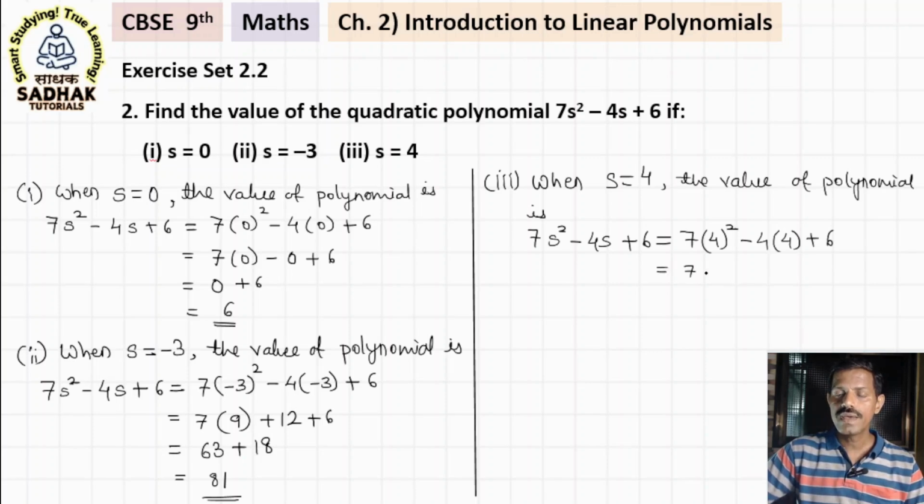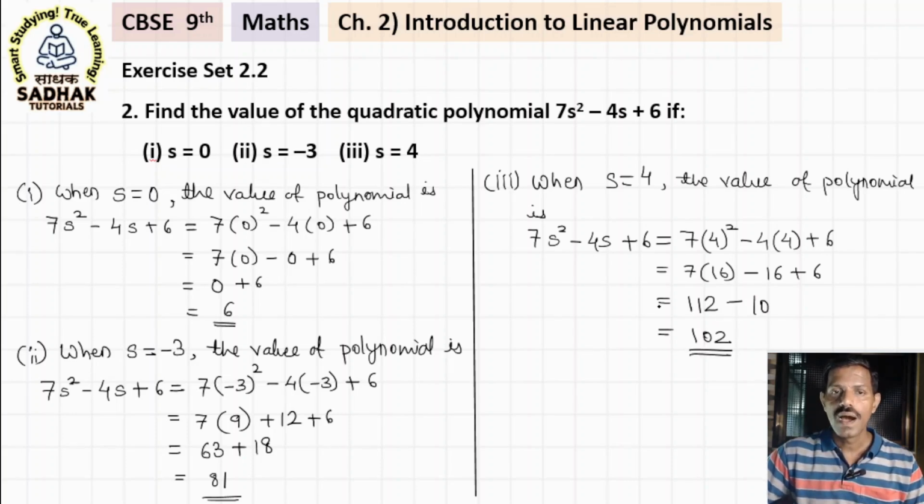So 4 square is 16, minus 4 multiplied by 4 will give us minus 16 plus 6. Okay. Now 16 sevens are, 7 sixes are 42, 7 ones are 7 plus 4 is 112. So 112. Now minus 16 plus 6 will give us minus 10, and 112 minus 10 will give us 102. So the value of this polynomial will become 102.